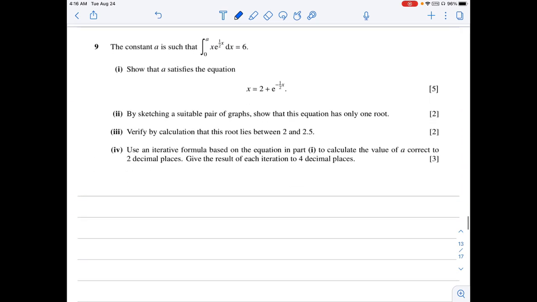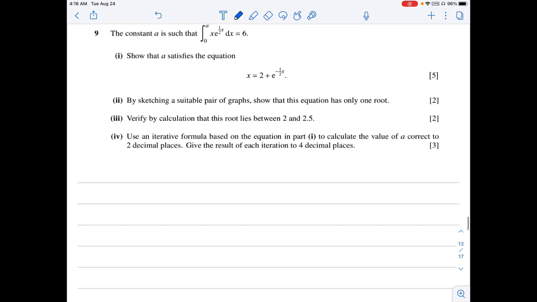Question number 9. The constant a is such that the integral of this one is equal to c, so that a satisfies this equation. So we have to do integration by parts. Integral of x e to the power of 1 upon 2 x dx is equal to 6 from the limit 0 to a.